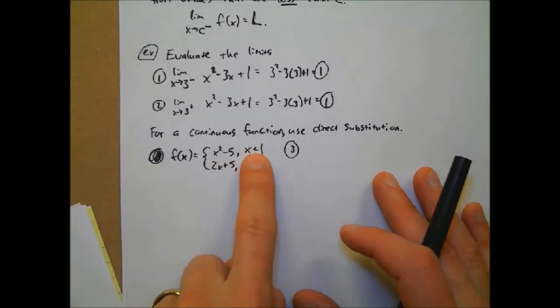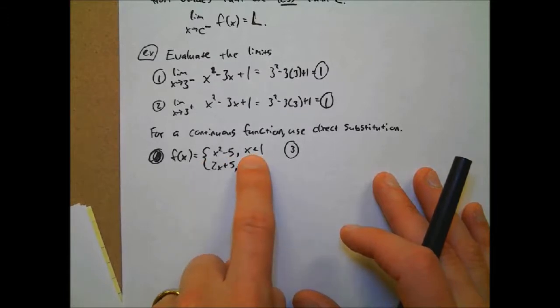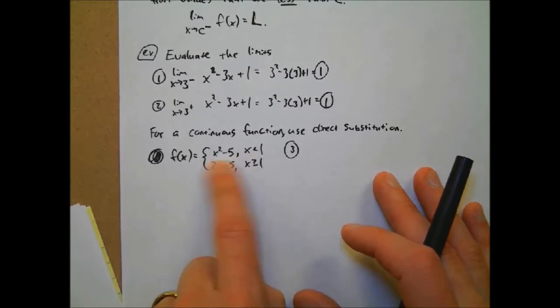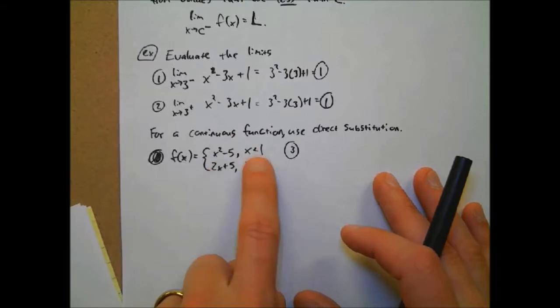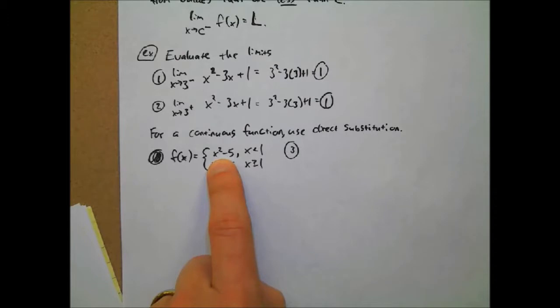Is this top piece continuous for all values less than 1? It is. This is just a parabola, and it's going to be fine for x values less than 1. We're not going to divide by 0. There shouldn't be any jumps, holes, or gaps.